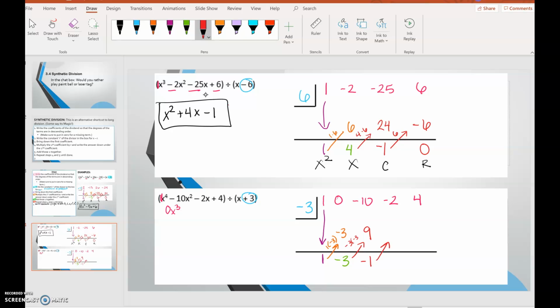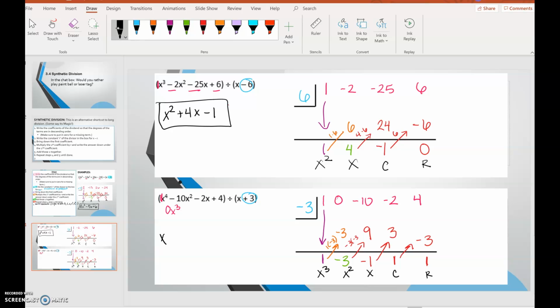Multiply. That gives you +3. -2 plus 3 gives you a 1, and then multiply again and you get -3, which then gives you a 1. So now this is our remainder, this is our constant, x, x squared, and x to the 3rd.